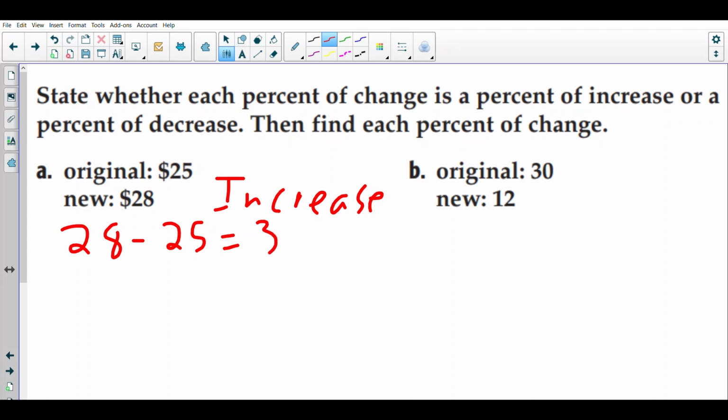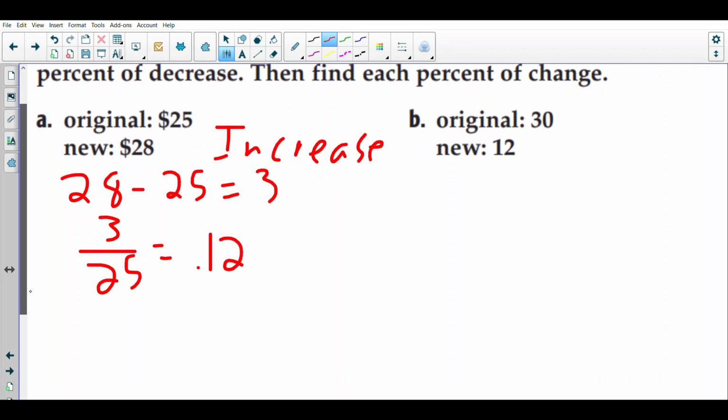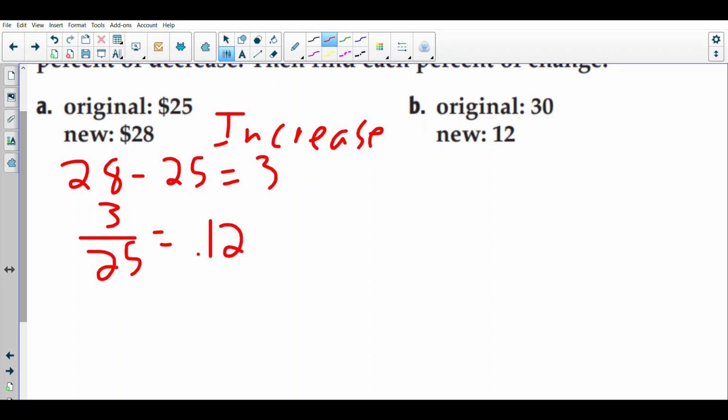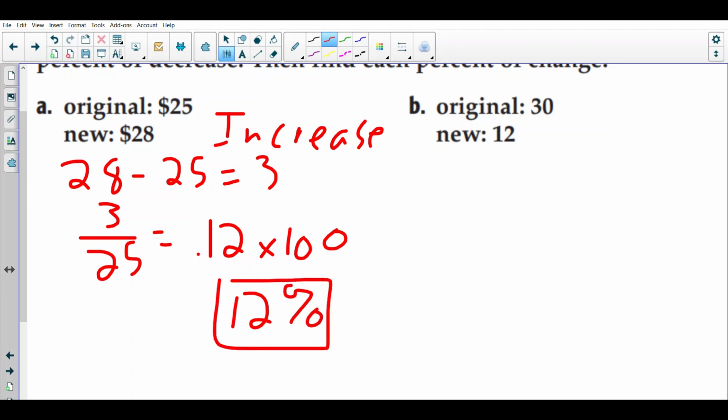Then we take that 3 and divide by the original, always the original. That gives us 0.12. Then multiply by 100, which gives us 12, and then add a percent sign. So we had a 12% increase. And that's how we do it.